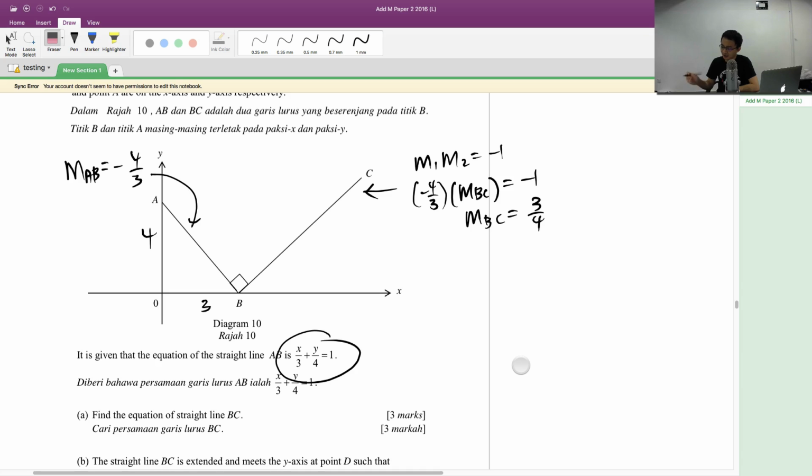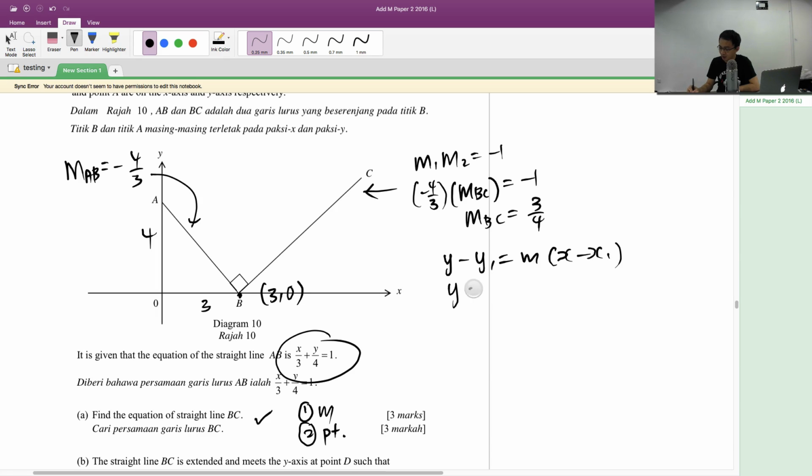So after that, whenever the question asks for equation, you need two pieces of information. First, you will need gradient. Second, you will need a coordinate, a point. Alright, so we have to find a point on the line BC. Because x-intercept is 3, I know B basically is (3, 0). So I can use the equation formula y minus y1 equals m times x minus x1.